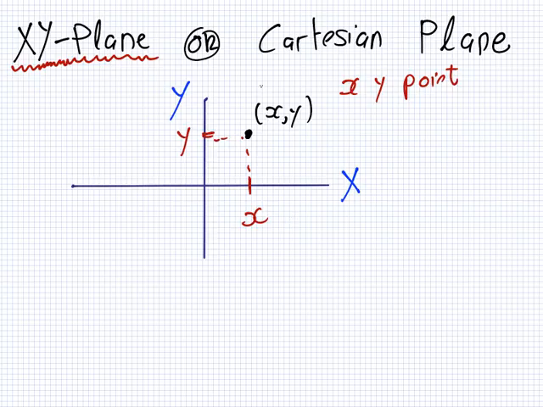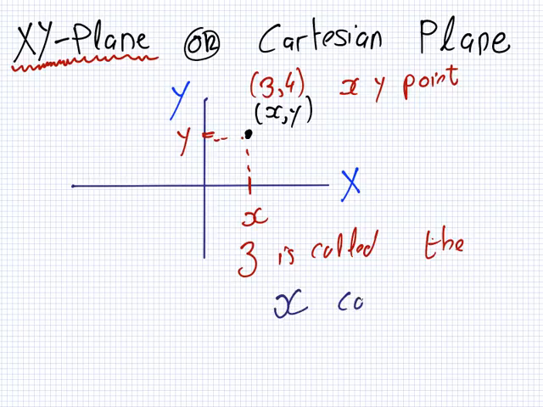So for example, if this was 3 and 4, the 3 is called the... Anyone want to have a guess? 3 is called the X coordinate, and the 4 would be called the Y coordinate.